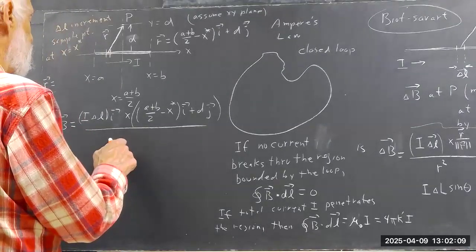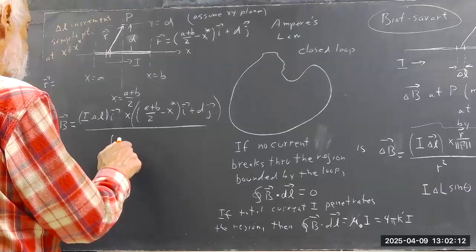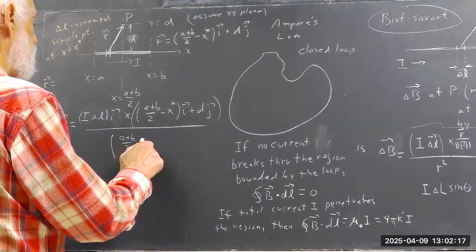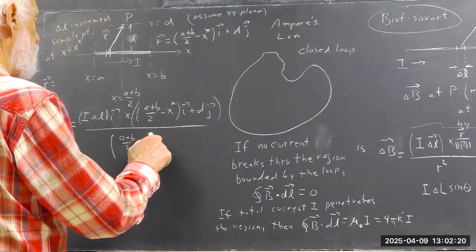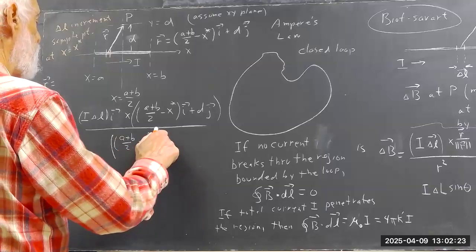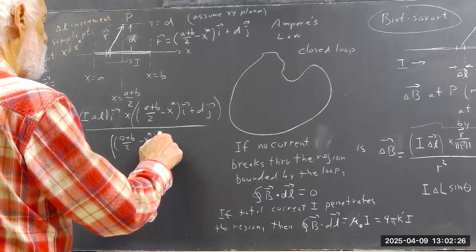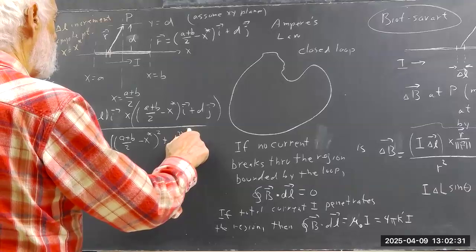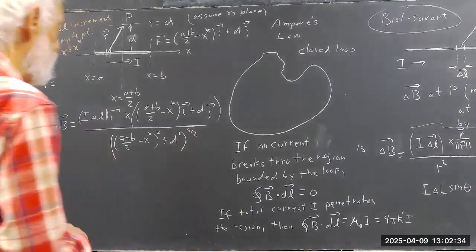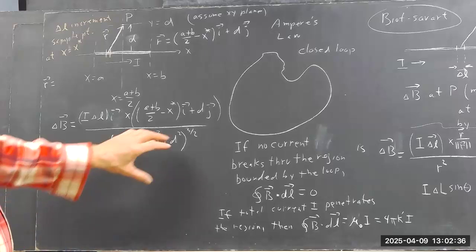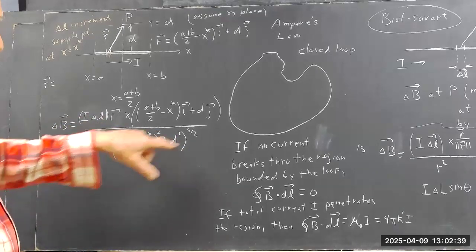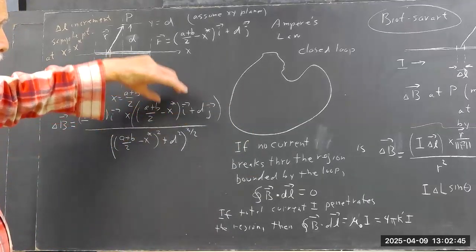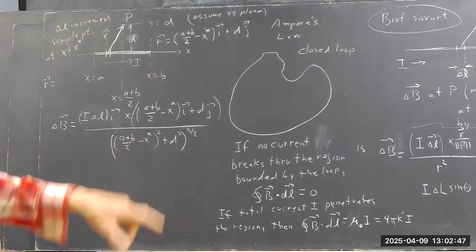So that's going to be over the quantity to the 3/2. This alone would be R squared. The square root of this thing would be our magnitude of R. That would officially go under this to make this a unit vector, but we might as well just put it in the denominator.